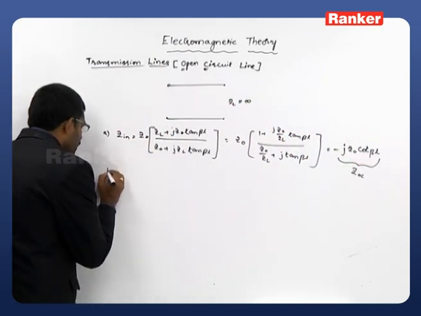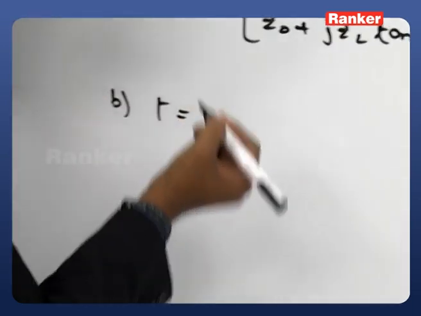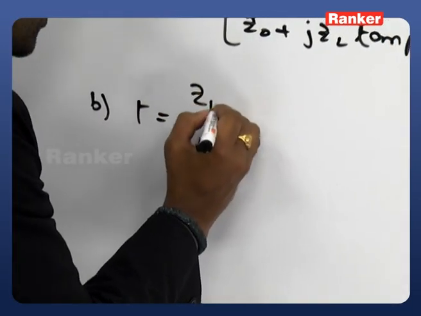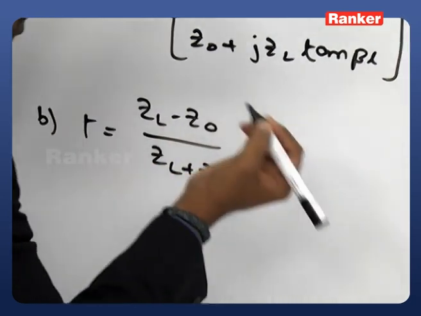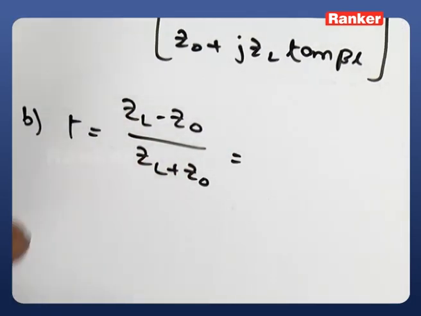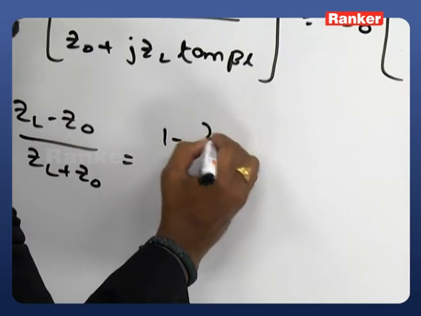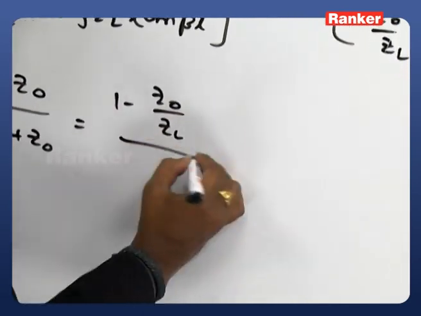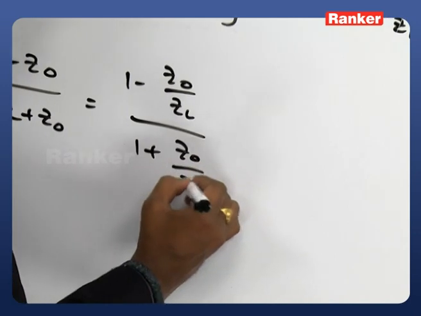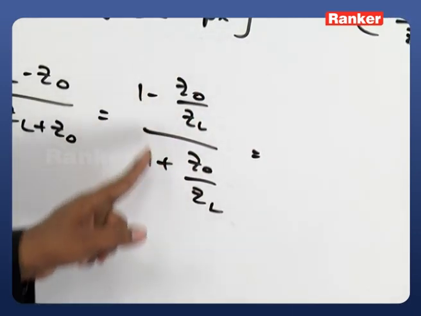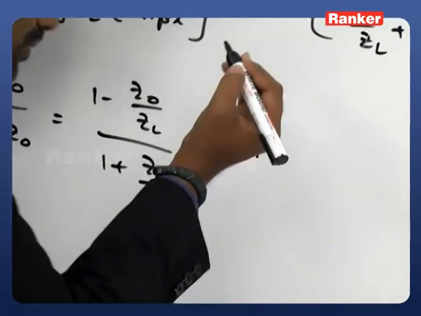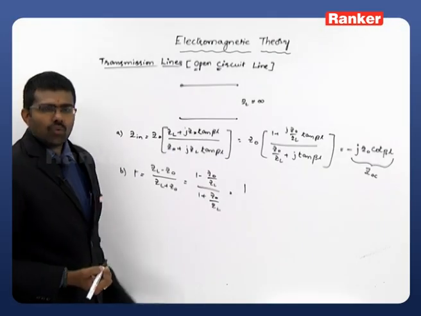Similarly, the second parameter I am going to observe is the reflection coefficient gamma. Gamma is equal to ZL minus Z0 divided by ZL plus Z0. Now take ZL common from this one. What you will get is 1 minus Z0 by ZL divided by 1 plus Z0 by ZL. As ZL tends to infinity, you get 1 by 1, it is just 1.